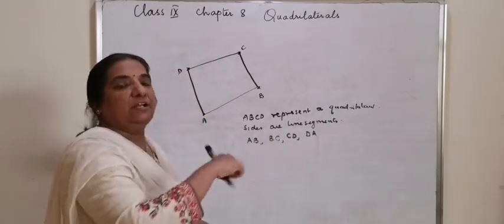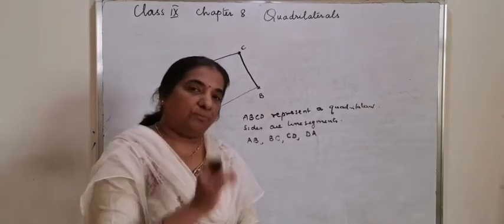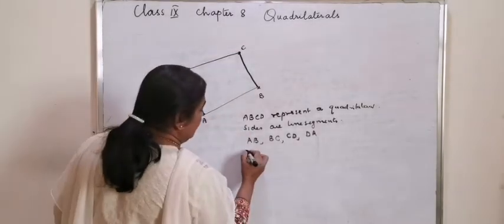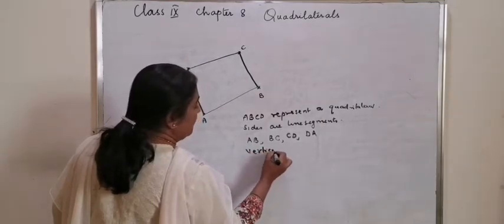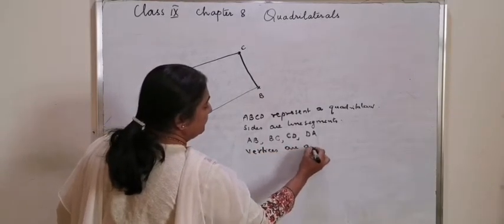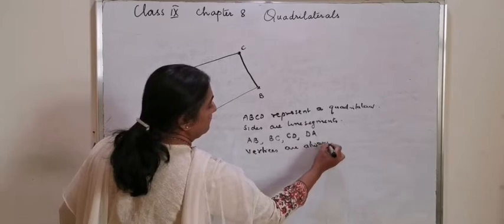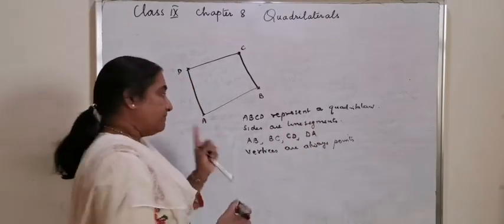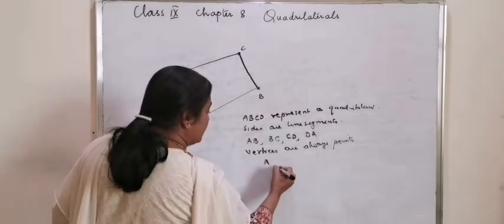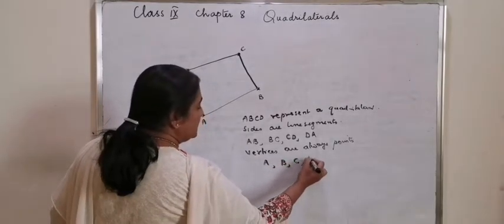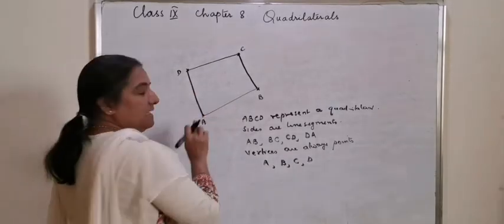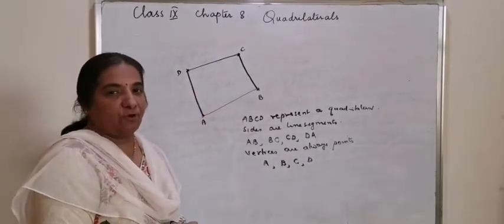Normally, we take the vertices or the points in order. The vertices are always points, and what are the vertices? The vertices are the points A, B, C, D. When 2 sides meet, a vertex is formed.